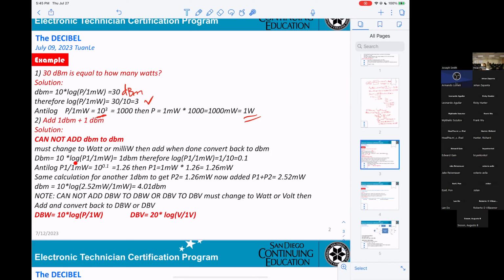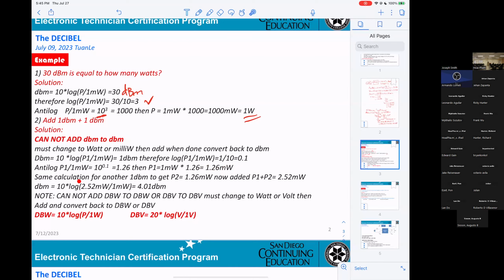dBm equals 10 times log of V1 over 1 milliwatt, which equals 1 dBm. Therefore, you take the log, you get 0.1. Okay, and you remove the log, that gives you the equivalent, 1.26 milliwatt.